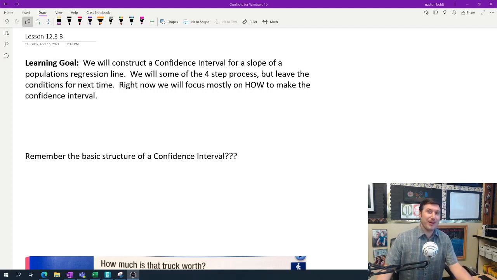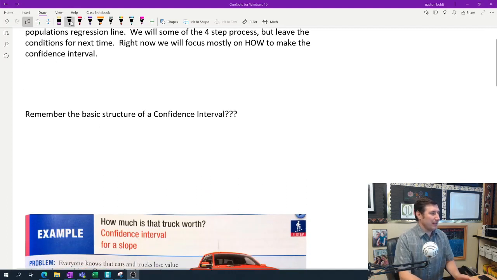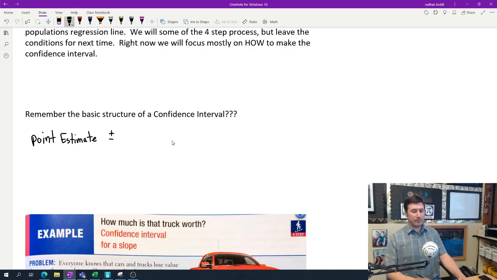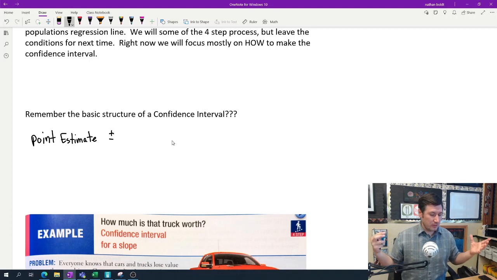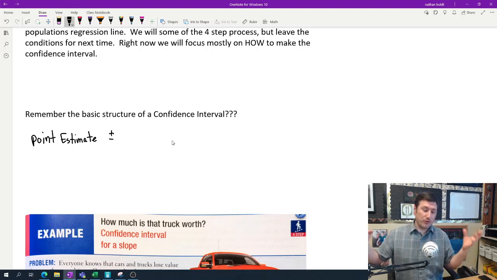First, let's remember how to actually make a confidence interval. If you remember, the basic structure is you take your point estimator, and then we add and subtract the distance we have to go out to capture the true parameter blank % of the time, whatever our confidence level is.